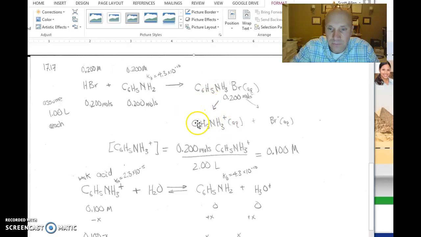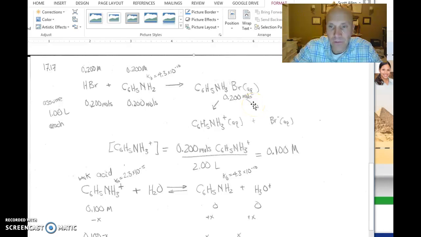So essentially, the problem becomes: what would the pH of this salt be if you dissolved that much of the salt in a certain volume of water?